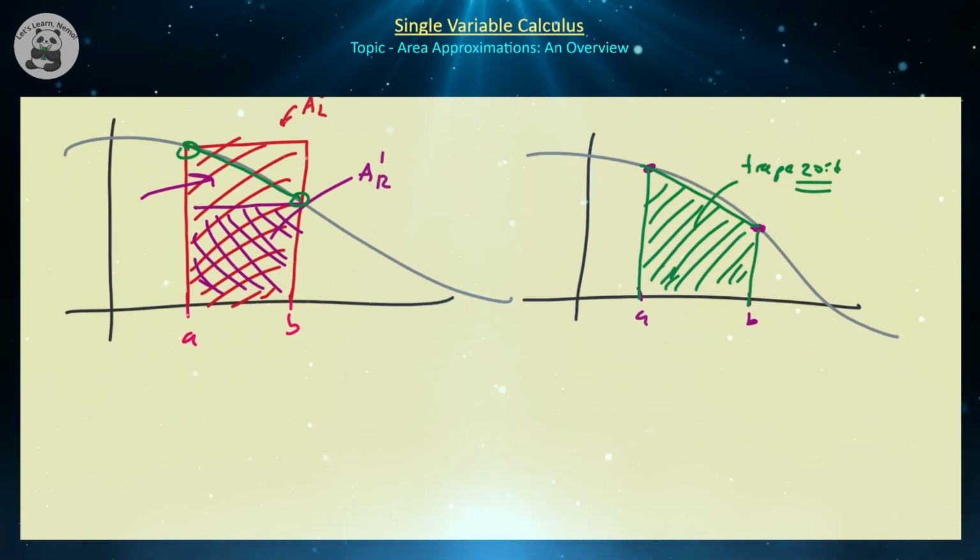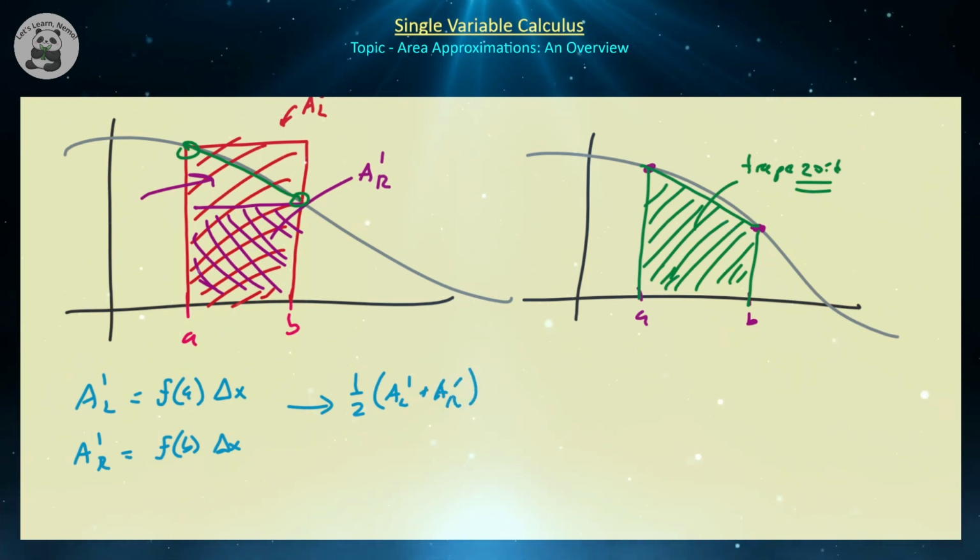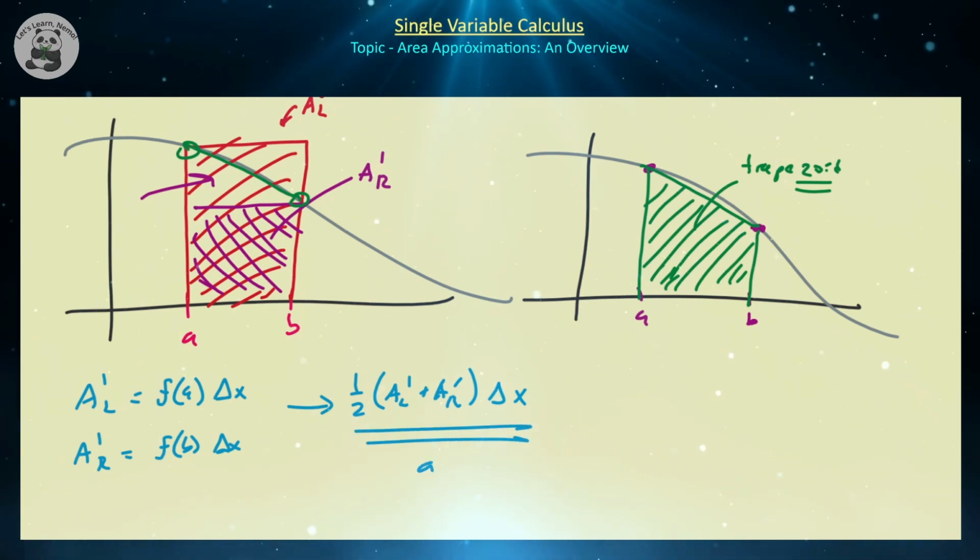So if we look at this particular picture, for this particular one rectangle approximation, what do we have? So A1L will be equal to f of a times delta x, and A1R will be equal to f of b times delta x. So if we look at 1/2 times A1L plus A1R, for example, then what we have here is the area of a trapezoid.